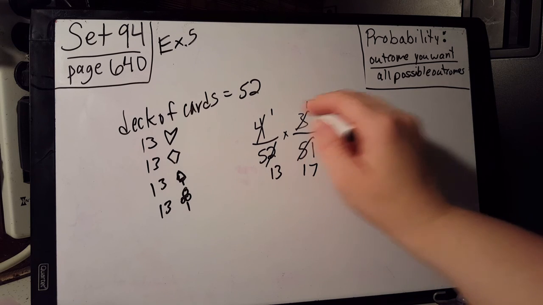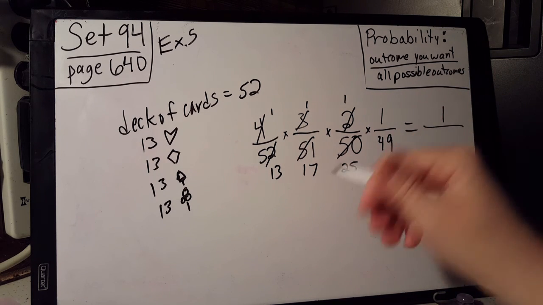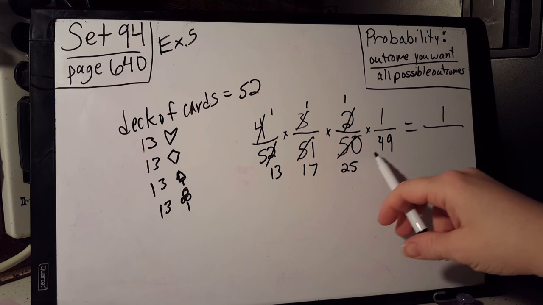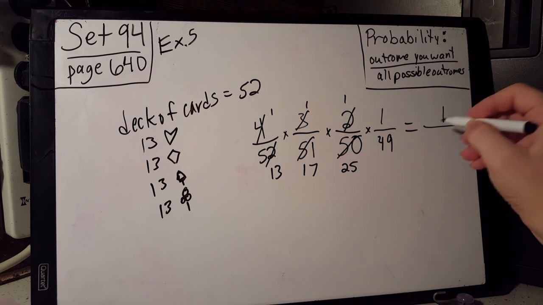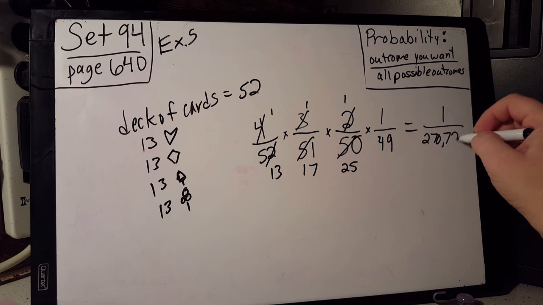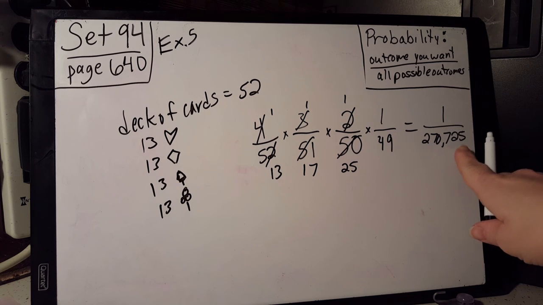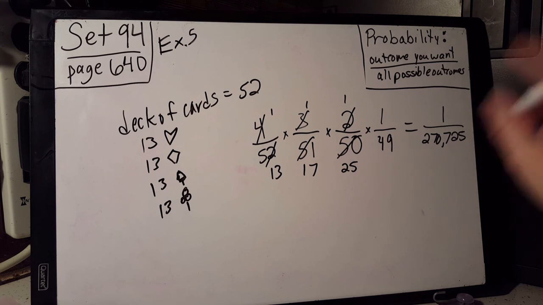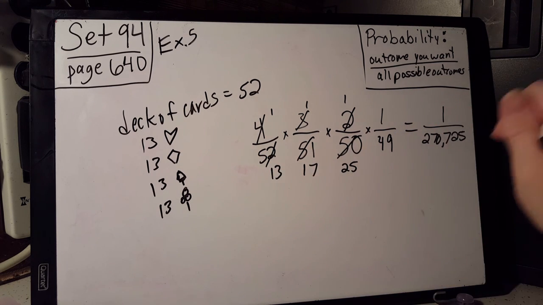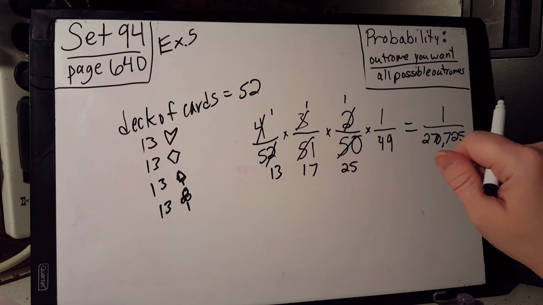But the good news is you have all ones on top, so it's going to be 1 out of something. If you take the time to multiply all these numbers out, and if you get it correctly, you would get 270,725. So she has a 1 in 270,725 chance of pulling all the 4 aces out on the first 4 pulls.